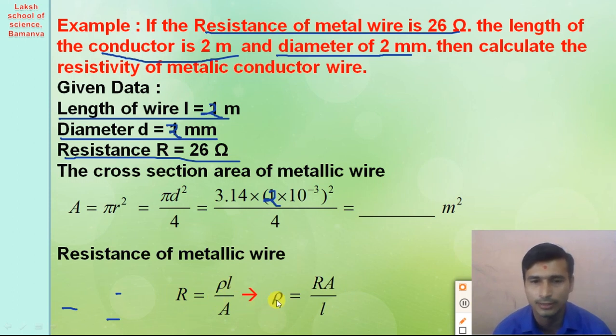So the resistivity of the conductor rho is equal to RA by L. By placing the value of resistance R as 26 ohm, the area of cross section we calculated, and the length of the conductor 2 meter, we can easily calculate the resistivity of the metallic wire. The unit of the resistivity is ohm meter. So this way we can also calculate the resistivity of the metallic conductor.